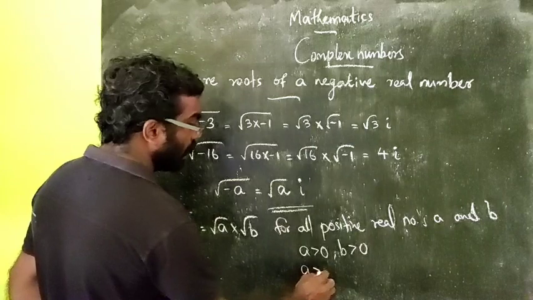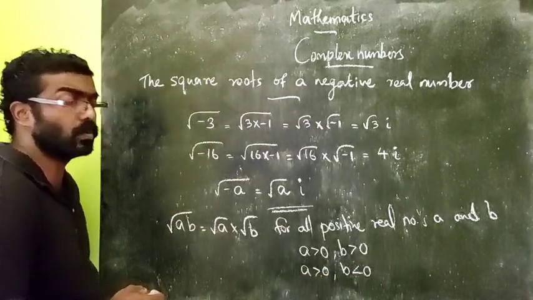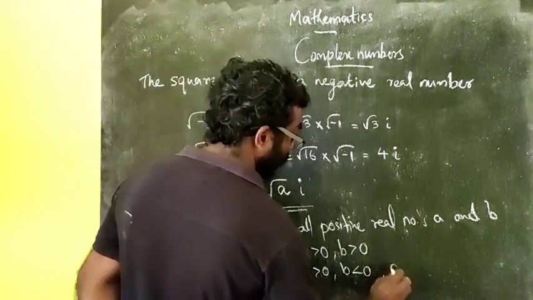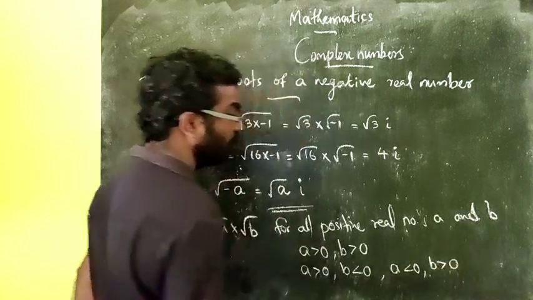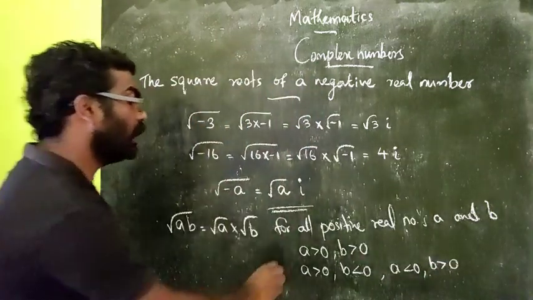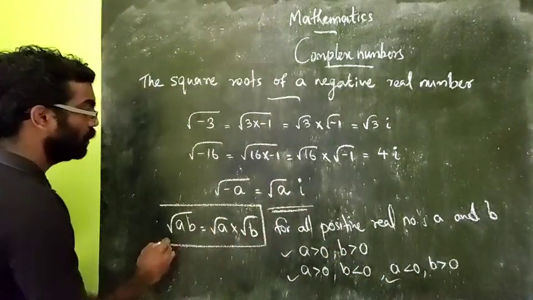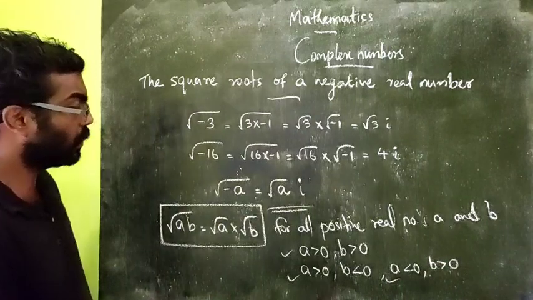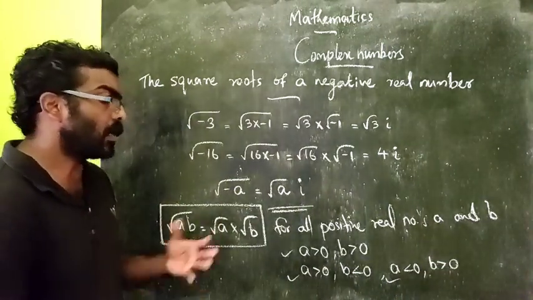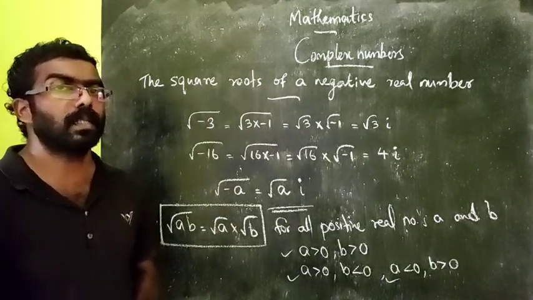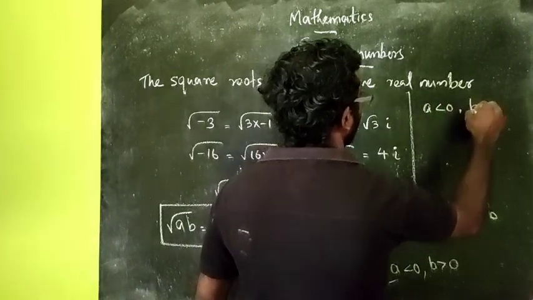And if a is greater than 0 and b is less than 0, this result is also true. And one more situation is a less than 0 and b greater than 0, a is negative and b is positive. In these three situations the result holds true. That means root ab equals root a into root b. What about if a is less than 0 and b is less than 0? Let's see.